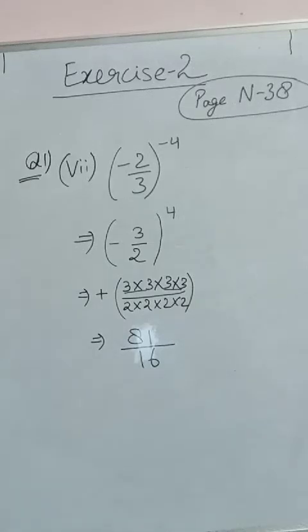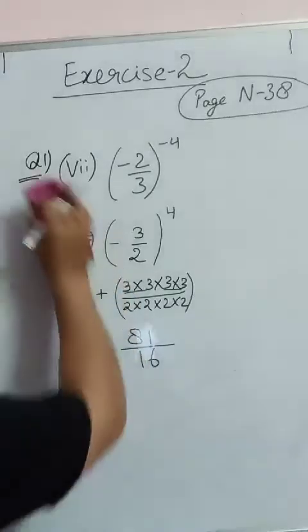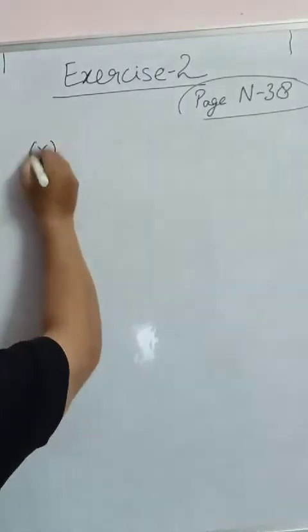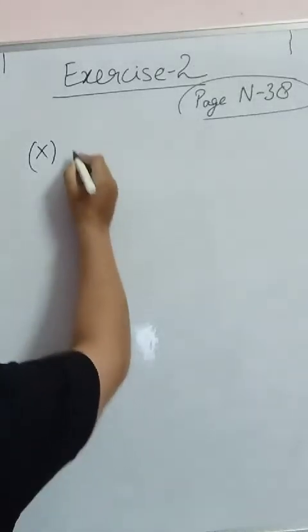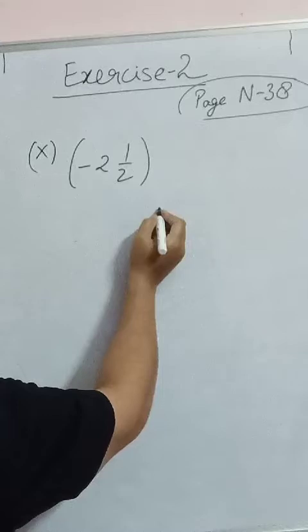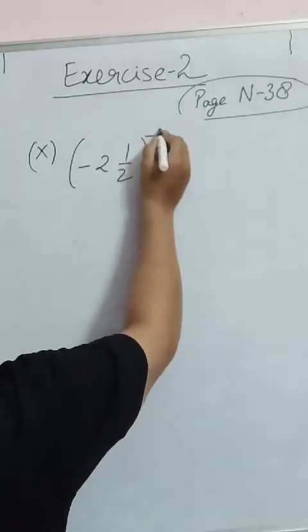Let us take another example. Let's talk about the last part of the given question. Question number 1, last part, means I am talking about the 10th part of the same question. In the 10th part, it is given minus 2, 1 upon 2 raised to the power minus 3.